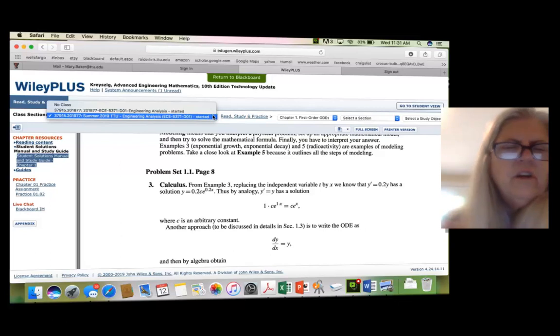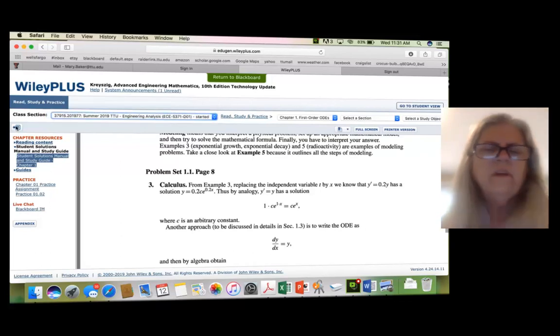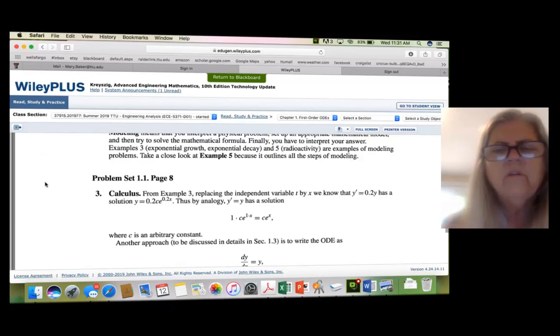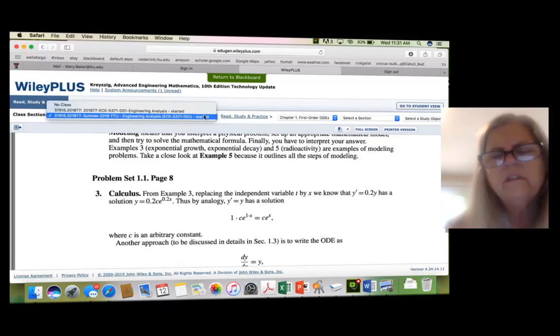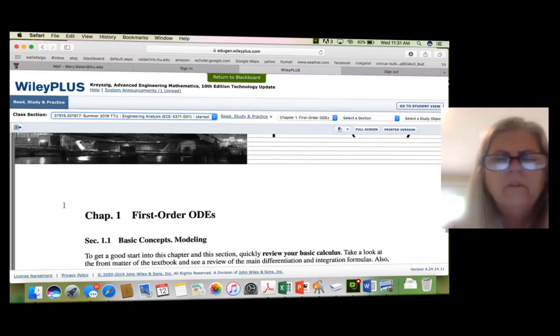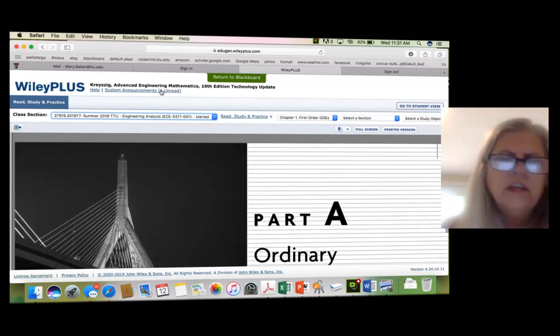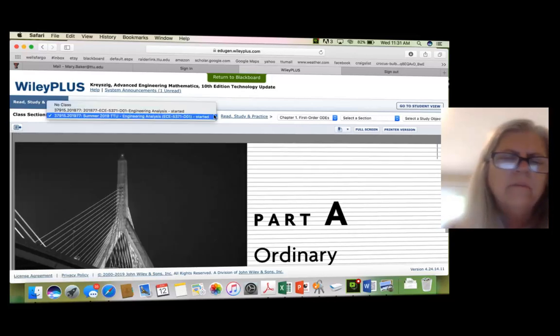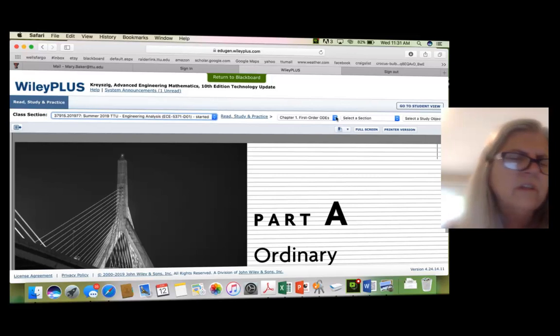Finally, the section on existence and uniqueness. Here is one area where I am looking at whether you get the basic concepts, that you have a certain number of solutions and the concept of uniqueness.